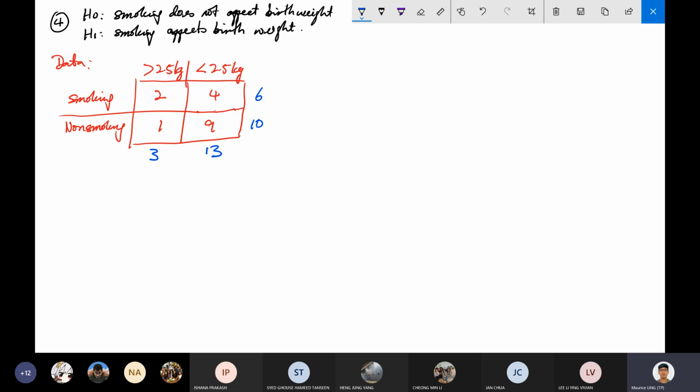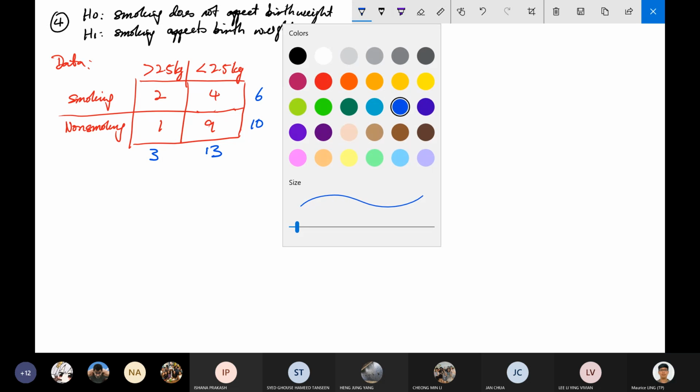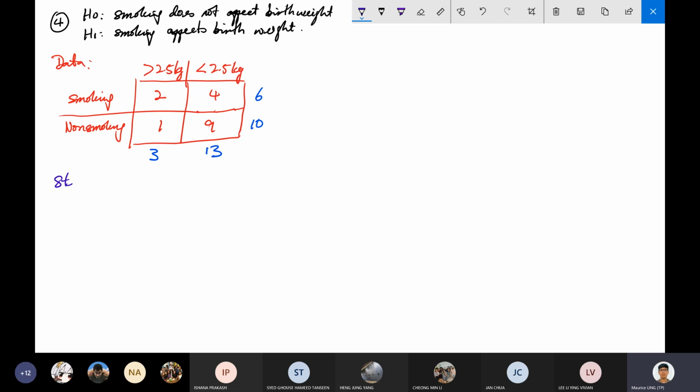What you need to do is this. Step 1: you get all combinations of the contingency table.